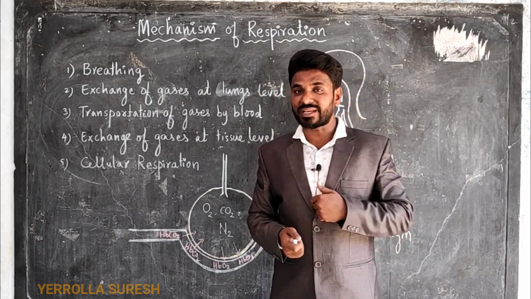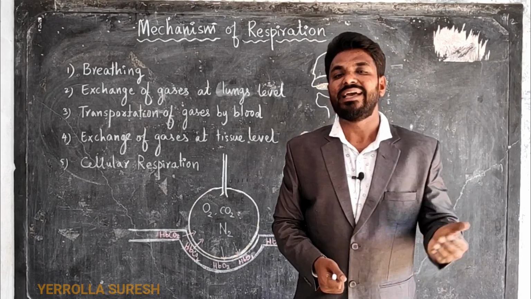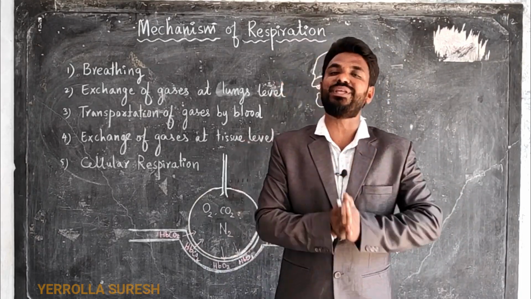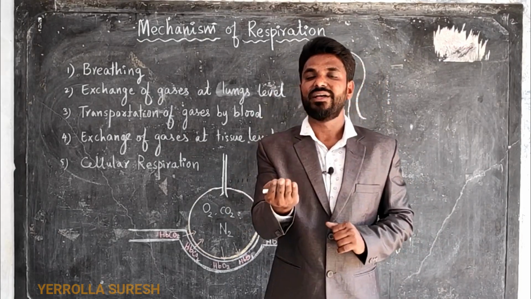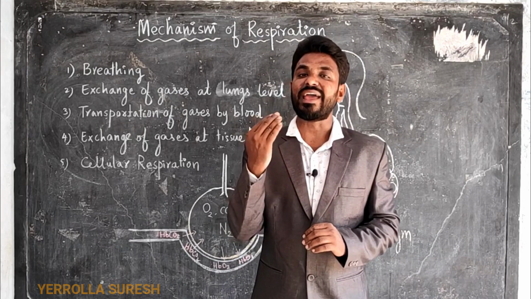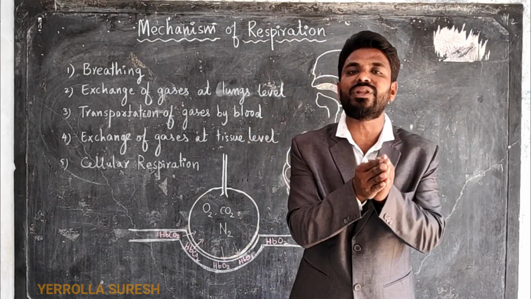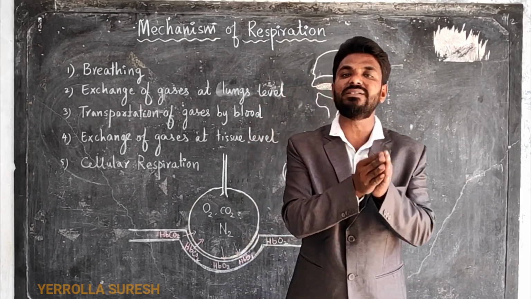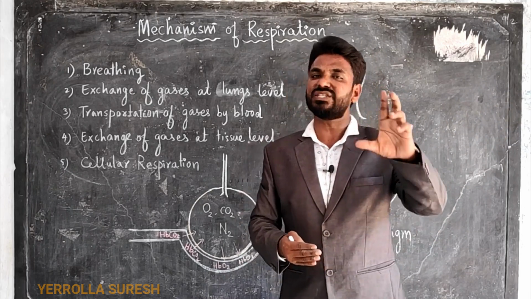Entry of air into the lungs, that means transportation of air from atmosphere to lungs, is inhalation, also called inspiration. And the exit of air from lungs to atmosphere is exhalation or expiration. Inhalation plus exhalation, or inspiration and expiration, is commonly called breathing. Air coming from atmosphere to lungs and lungs to atmosphere, this is breathing.